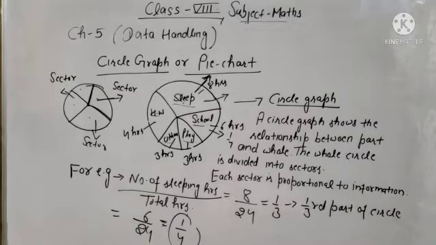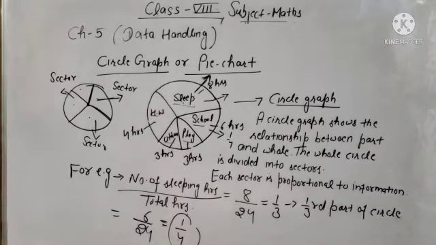Clear? So question number first, open your exercise. What is given in your exercise? Exercise 5.2. One pie chart is given and it is written like that.